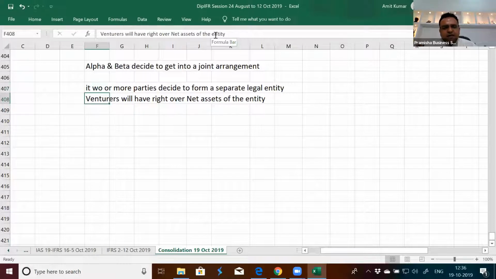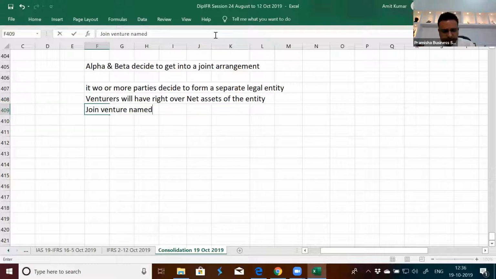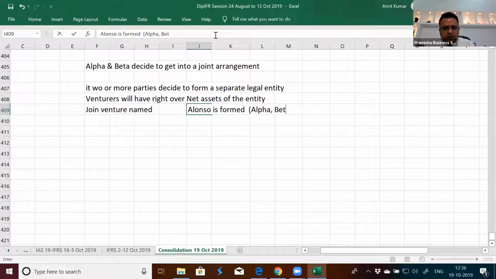The separate legal entity, suppose a joint venture named Alonso is formed, but Alonso has three venturers. Three venturers' names are Alpha, Beta, and Gamma, each holding 30%, 25%, and 35%. Now, Alonso is a separate legal entity.